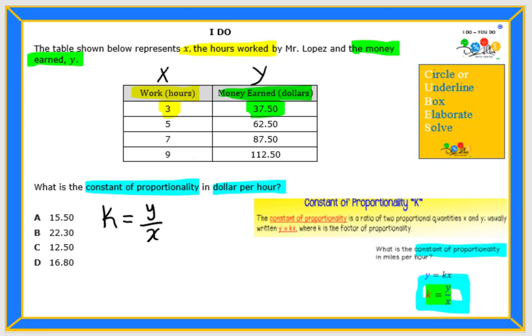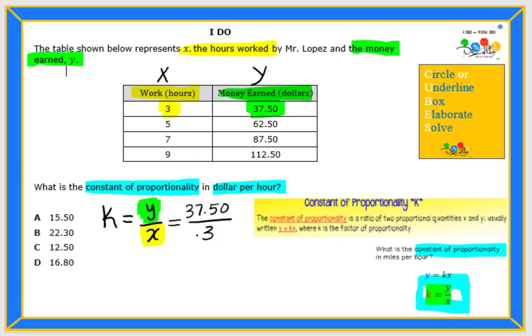So x is first and y is second in our table, but we want y on top and x on the bottom. So we take our y value, 37.50, over the x value, 3.